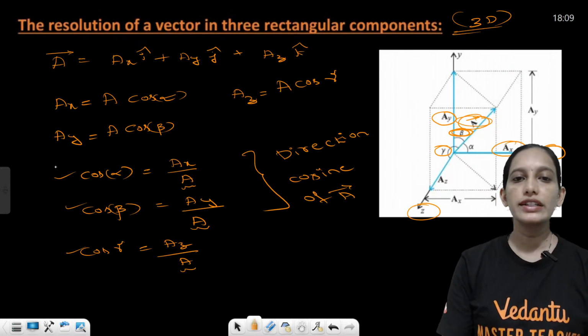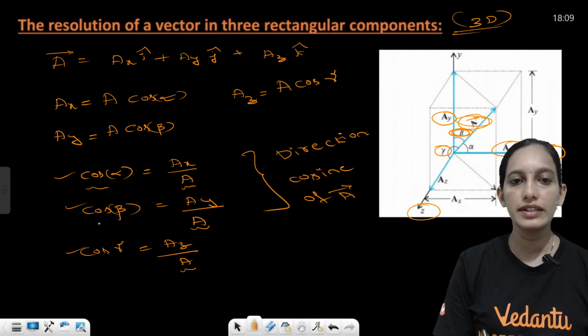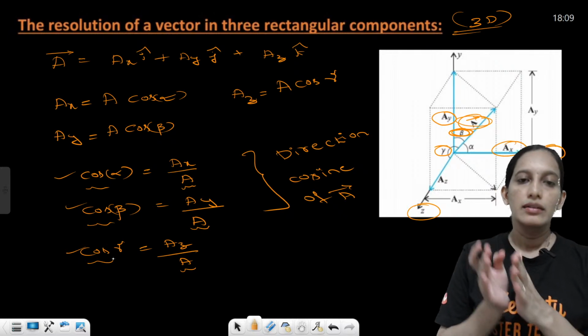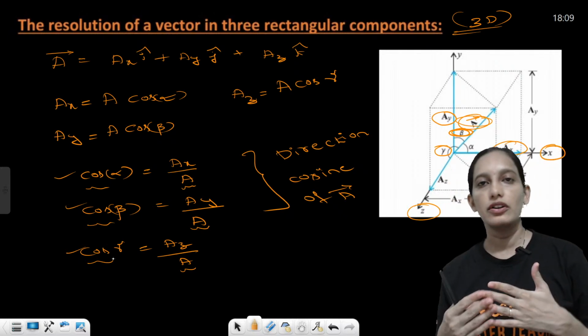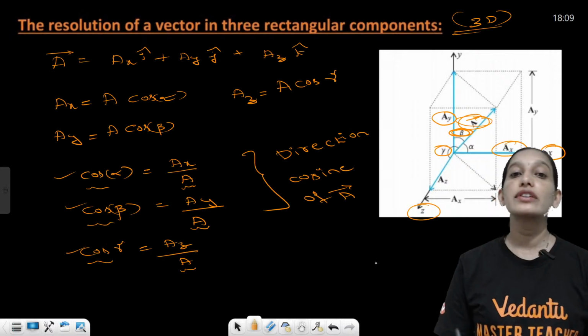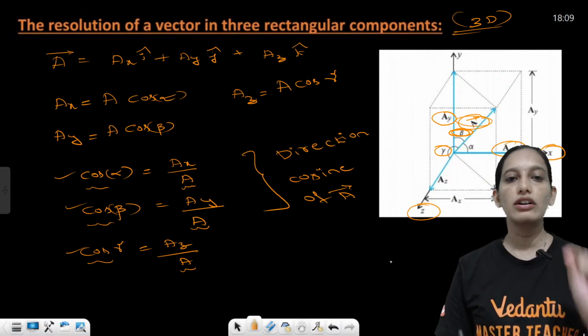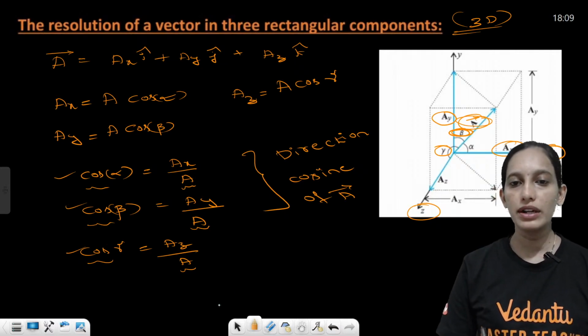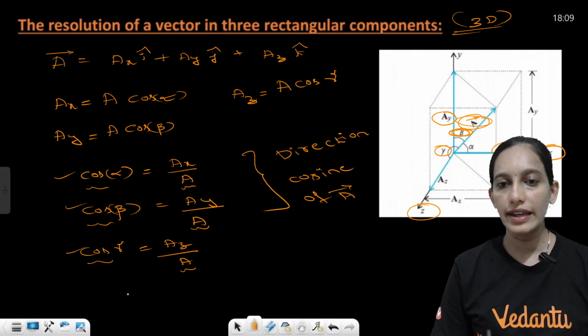Also you can see that if you square all these three, cos square alpha plus cos square beta plus cos square gamma, and add them, that will come out to be equal to 1. And how can we write the magnitude of the vector a?